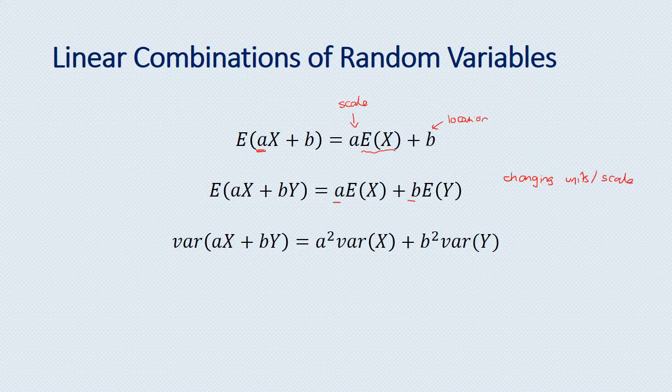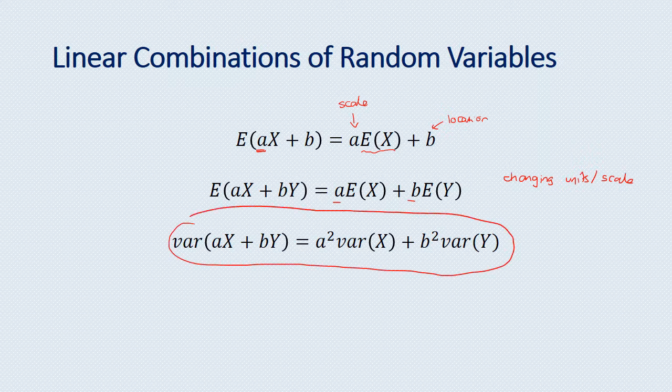So it is not about changing the data, we're not collecting new data. Each of these two random variables are separate, and if we're multiplying it by a or b, we're changing the units or the scale. We can work out the variance the same way, and we've got this second formula that we can see here. Once again, remembering that this a and b is to do with changing the scale or the units that we've got going on.